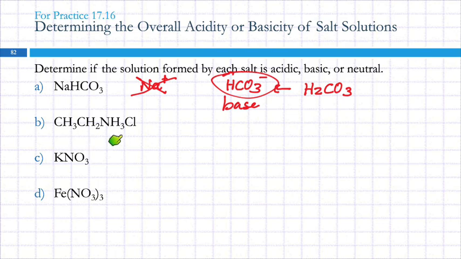Let's look at this one. Don't let this intimidate you. We're looking for two ions. This one's a mess at the beginning, so maybe let's just look at the end and see if we see something familiar. Chloride?